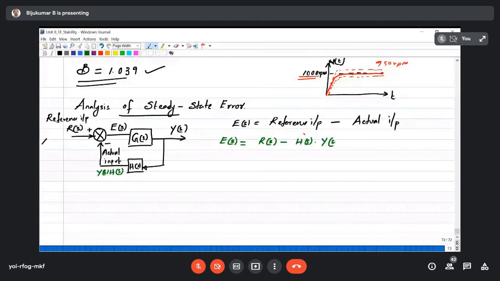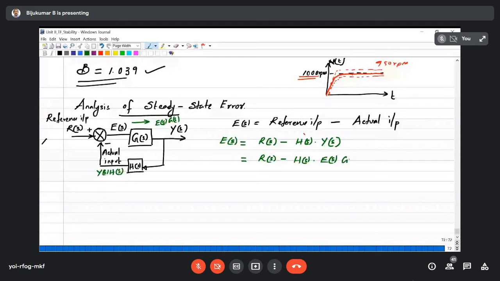Clear? Okay. What is Y of S from this? Because this error signal is feeding to the forward gain, the output of this block will be E of S multiplied by G of S, right? So we can rewrite this expression, R of S minus H of S multiplied by Y of S, as E of S and G of S. Correct.